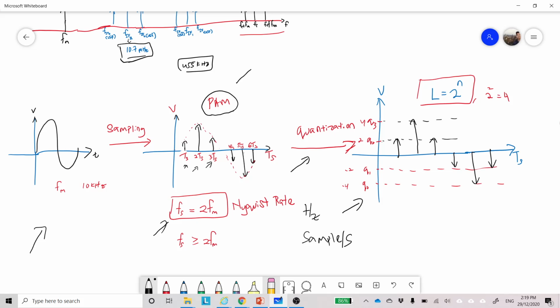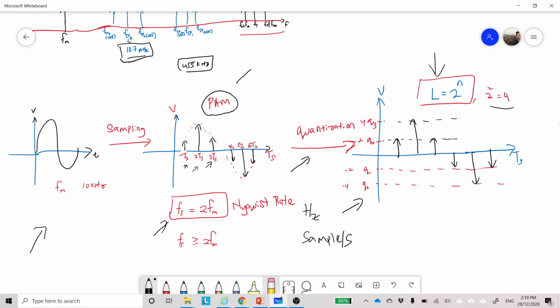Okay, for example here the equation for the number of levels is L equal to 2 power of n. n adalah number of bits used in the system. Okay, so kalau kita guna 2 bit, maka 2 kuasa 2 akan dapat 4. So dalam saya punya example, saya menggunakan 2 bit. Okay, so I have 4 levels.